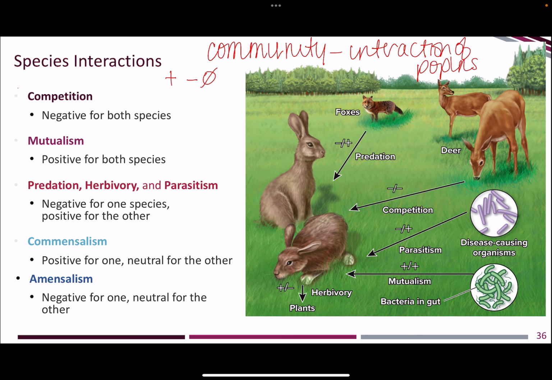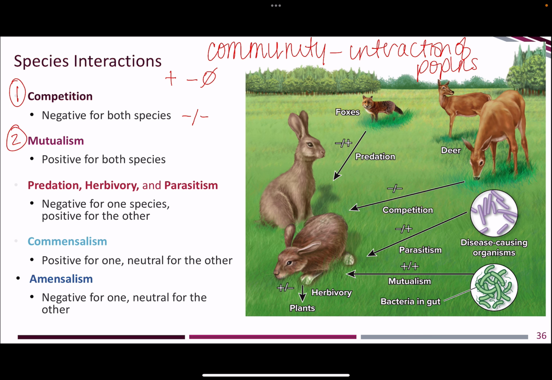So first we've got competition. Competition is going to be a negative interaction, negative for both organisms. So I would like you to look at this picture on the right hand side and think about the competition interaction that they're showing here and how it would be negative for each one.